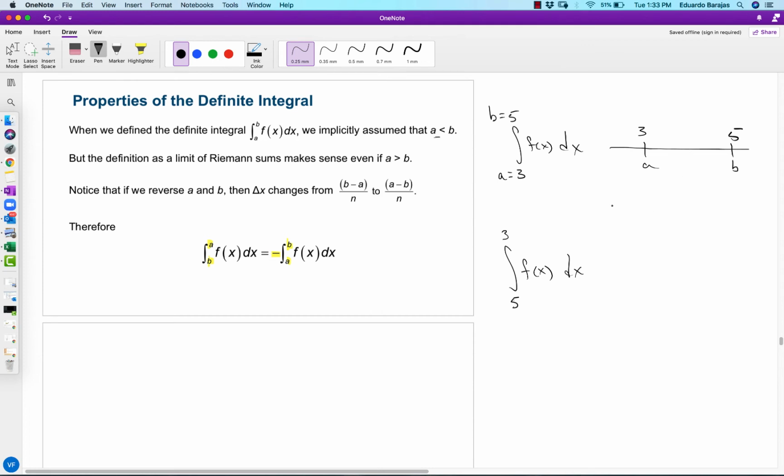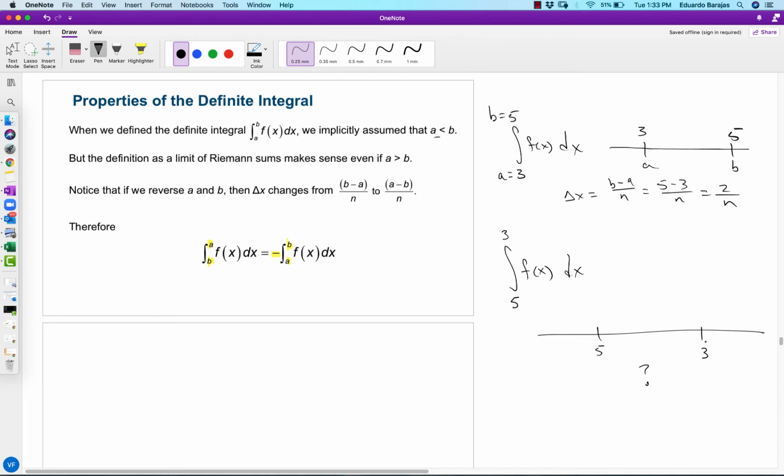Remember that delta x is equal to b minus a all over n. So in this scenario, it would be 5 minus 3 over n, which gives you 2 over n.